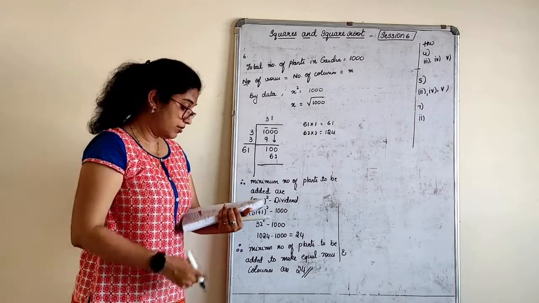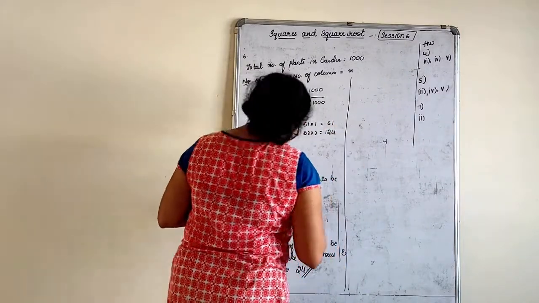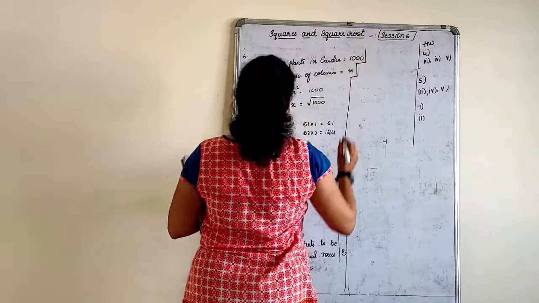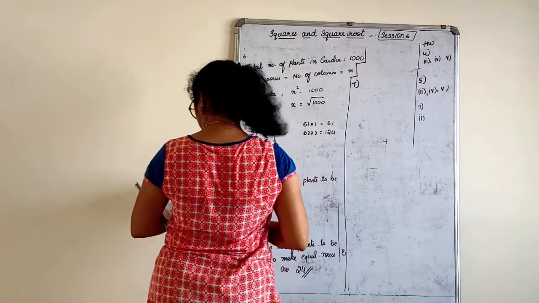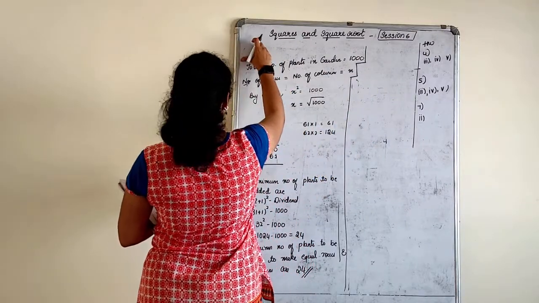Yeah, understood now how it is? So quickly we'll go with the next one, what they have asked. Seventh one. No, sorry, which was this sum question, children? This was 8th one, right?